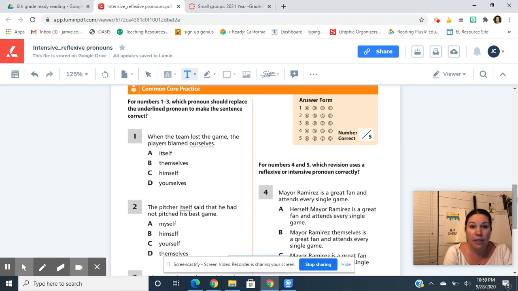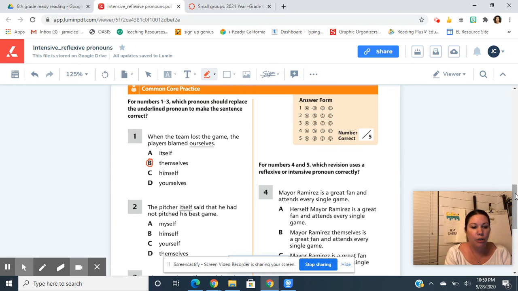So they're talking about the team now. He's not saying we. If he was saying we, ourselves, he would be included. That makes sense. But he's talking about the team here. So ourselves needs to be replaced with which one? Themselves. Yeah, so I've already given you that answer right there. That would be number 1 would be B.